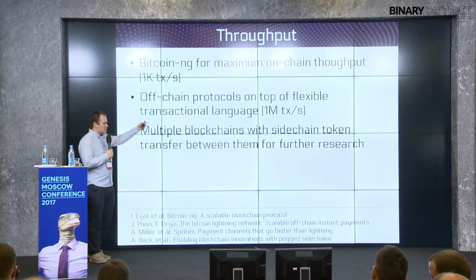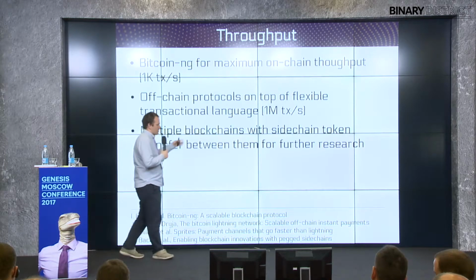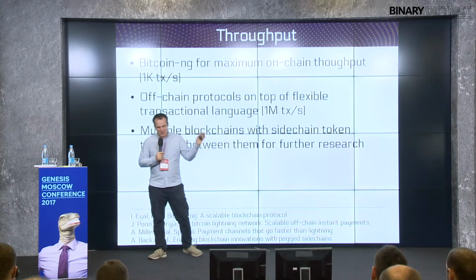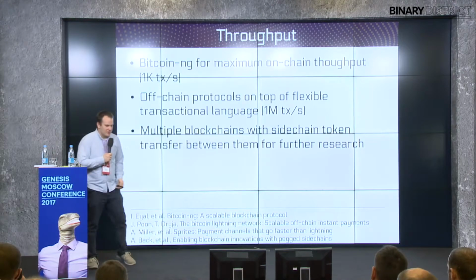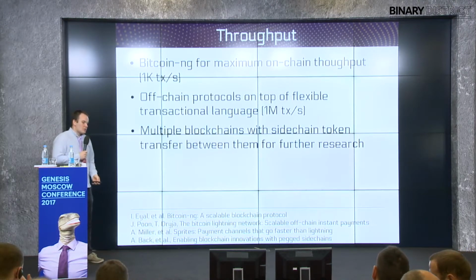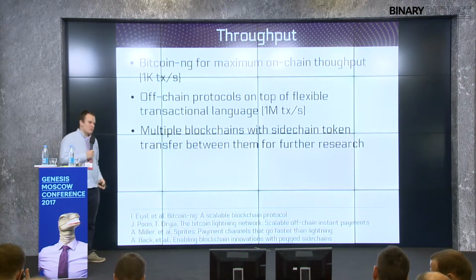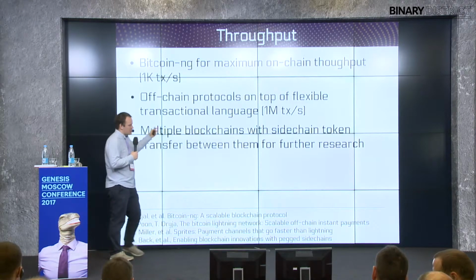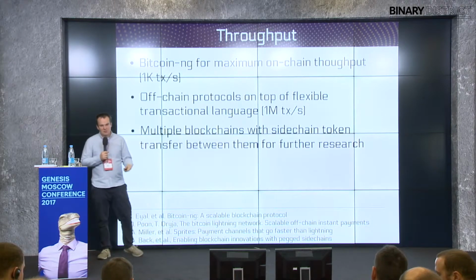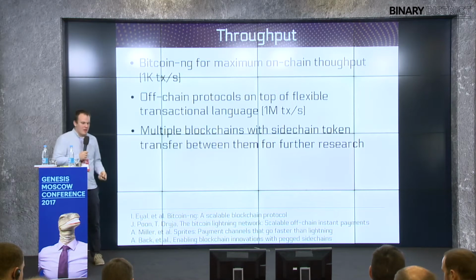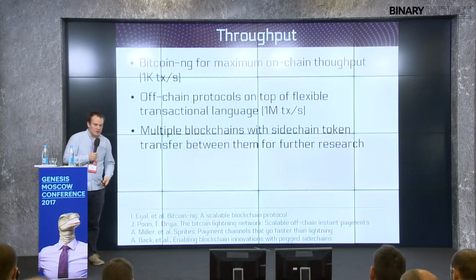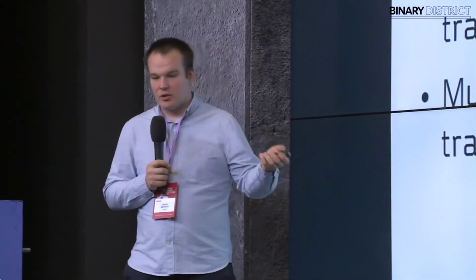It allows increasing throughput by another factor of 1,000, up to 1 million transactions per second. And also we have side chains because of proofs of proof of work, and it's possible to launch different blockchains, more than just one blockchain, with the same token in them. This is also a feature allowing us to improve throughput for the blockchain.